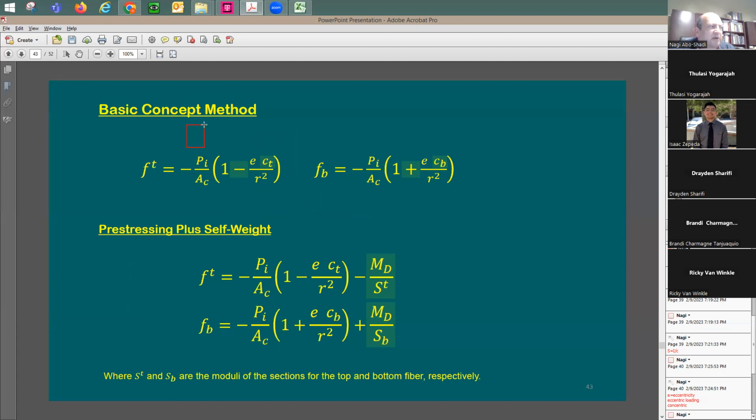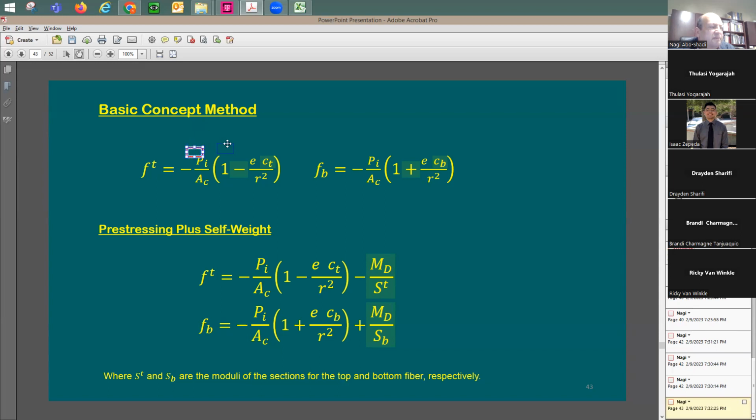And once you multiply it here by 1, it means that you're taking the effect of the compressive force on the concrete. And once you start to add the eccentricity, I'm going to say this term here is going to be for the eccentricity. And same thing is going to be F top and bottom. So both of these two terms can be just for the pre-stressing effect on the beam.